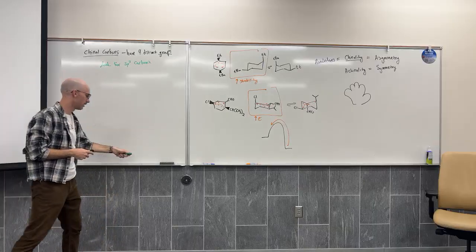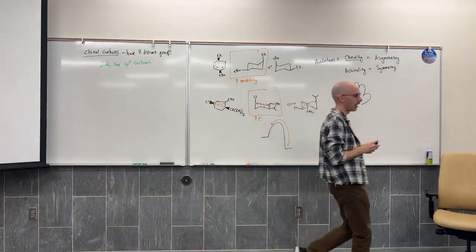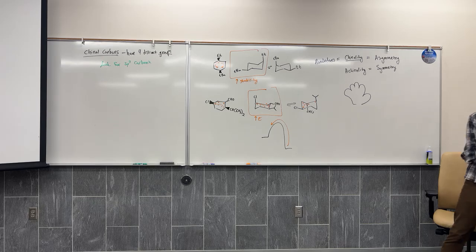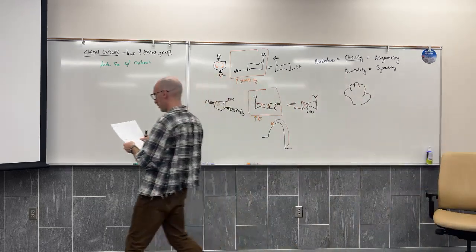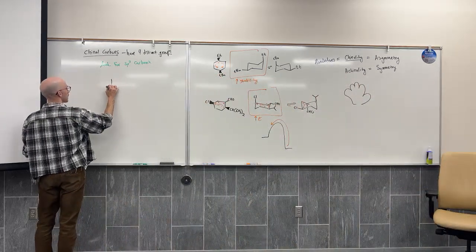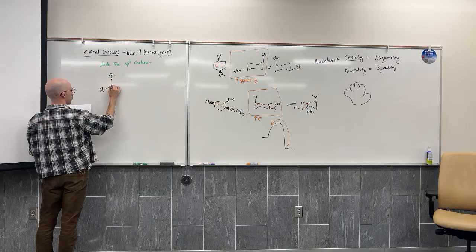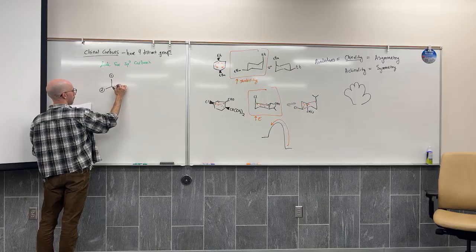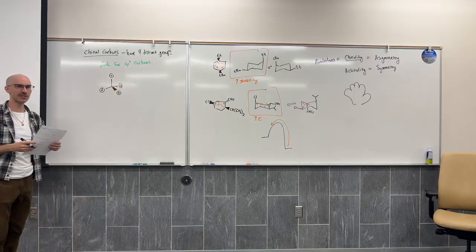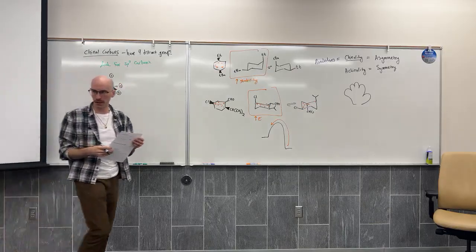We're going to look for these 4 groups. So on your worksheet, I've given you this example of a tetrahedral, and it's got positions 1, 2, 3, and 4. And I want to show you how the lack of symmetry actually shows up across mirror planes.